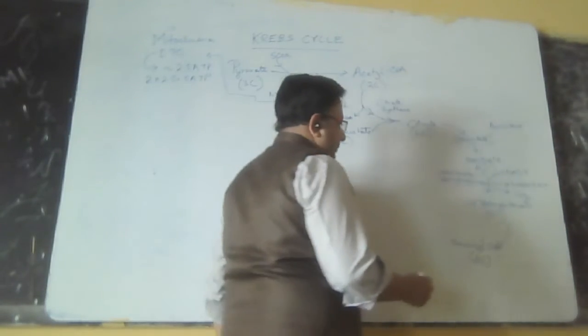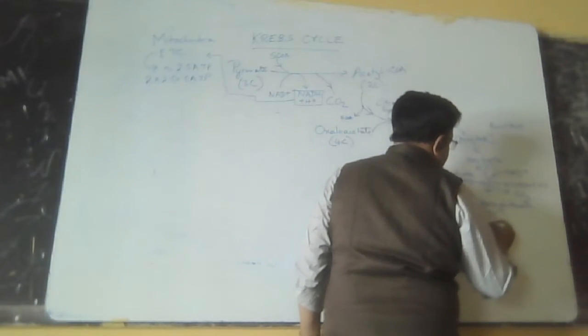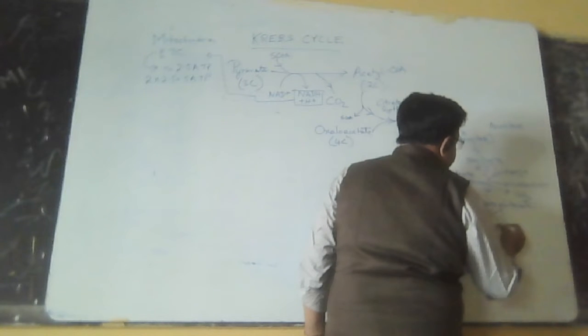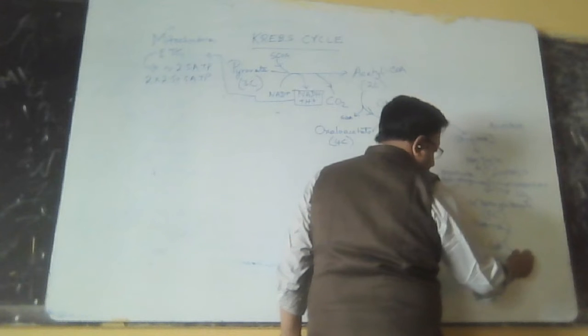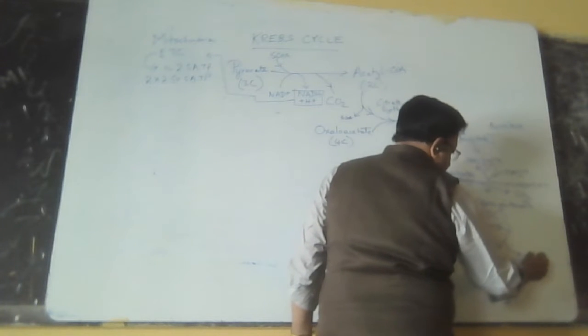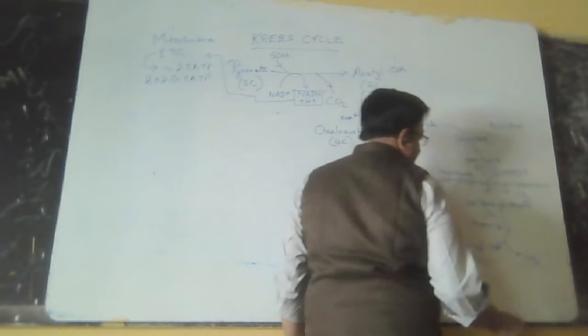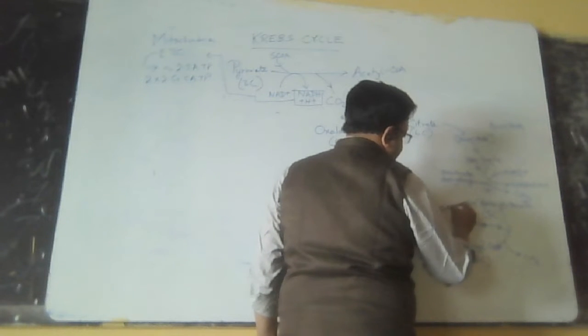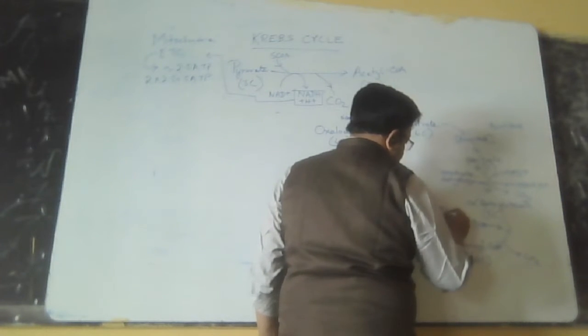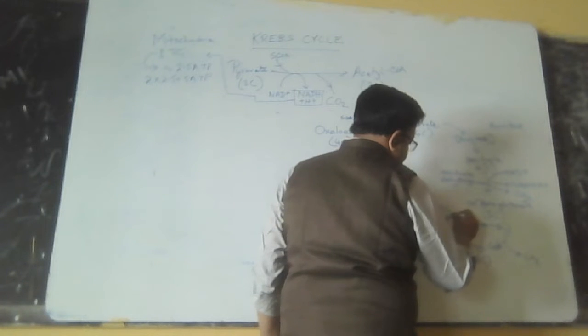And in this step, this HSCoA enters and 5-carbon goes out, so there is one more CO2 coming out. The enzyme is alpha ketoglutarate dehydrogenase.